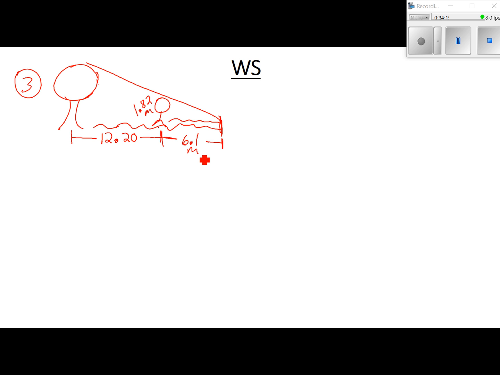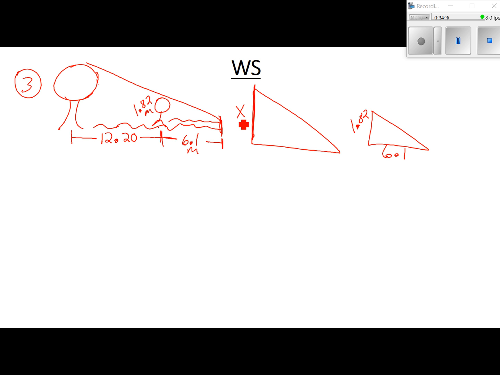I'm going to separate this off because I can't understand it this way. I got the tree's triangle. I got Juanita's triangle. I know in Juanita's triangle this is 1.82. This distance is 6.1. For the tree, this is the height of the tree. We don't know.